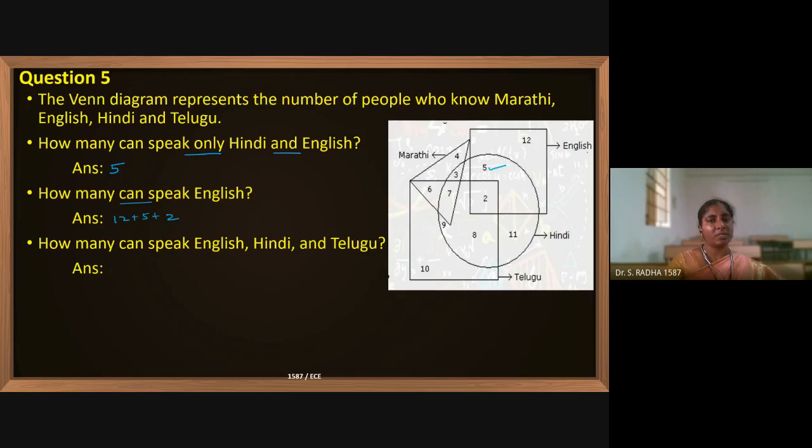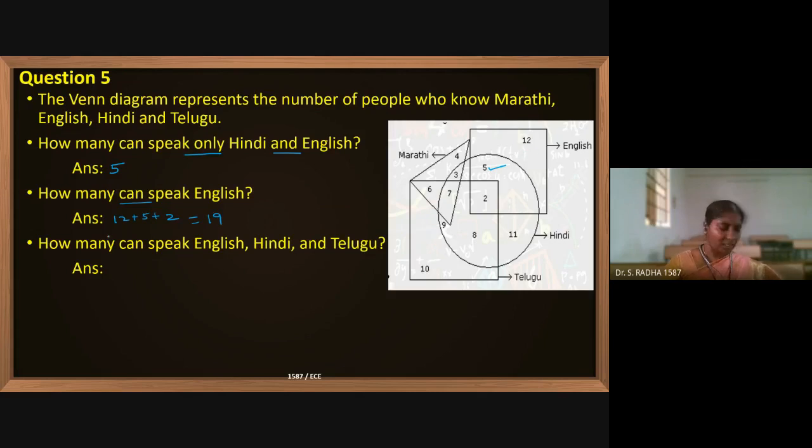Here 12 plus 5 is 17, plus 2 is 19, is the answer. If they ask English alone, then the answer will be 12.